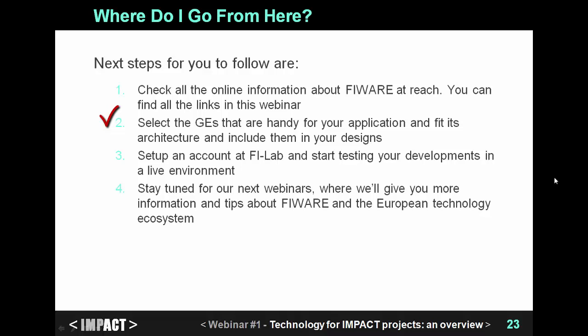It's very important that your architecture takes into account all the GEs that you want to use from the beginning. It's very important that you explain to us when you send us your proposal that you already have an architecture which takes into account the FIWARE technology, and that you explain to us how you're going to use it. How your architecture takes these enablers and uses them.